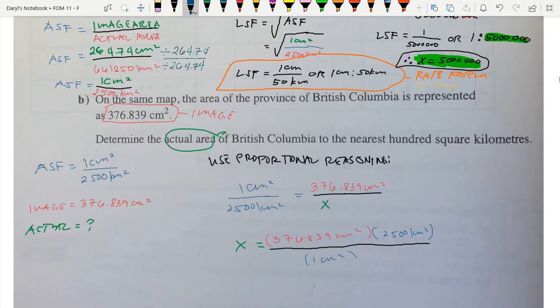I can cancel out the cm squared. What is left is the unit kilometers squared, which is the one that we wanted, the actual.